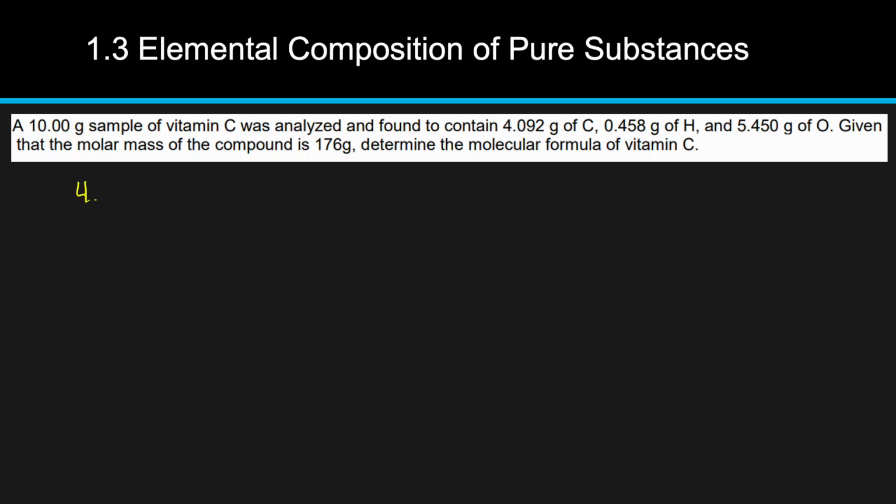So we have 4.092 grams of carbon, 0.458 grams of hydrogen, and 5.45 grams of oxygen. I'm going to divide those by their molar masses in order to get moles.